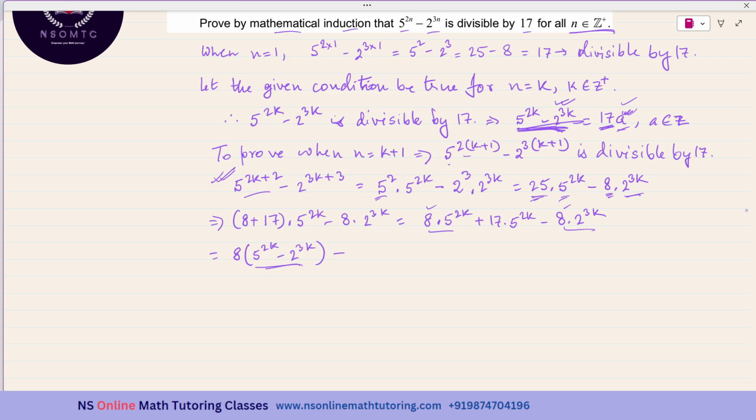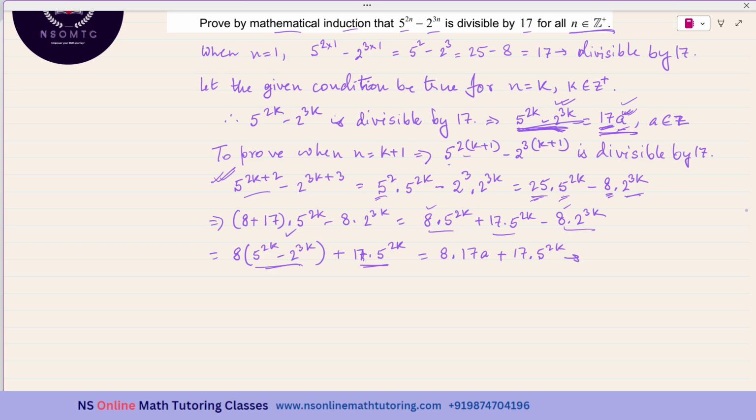Okay, and the only one term that is remaining is this 17 times 5 to the power of 2k. Obviously, because you are having a factor of 17 in this term, this will be divisible by 17. Okay, so this can be written as 8 times, in place of this I am writing 17a, so 17a plus 17 times 5 to the power of 2k.